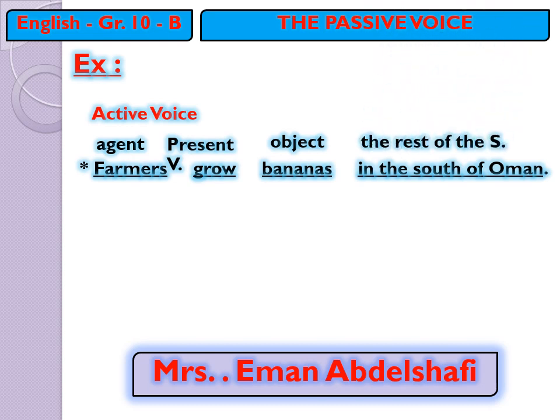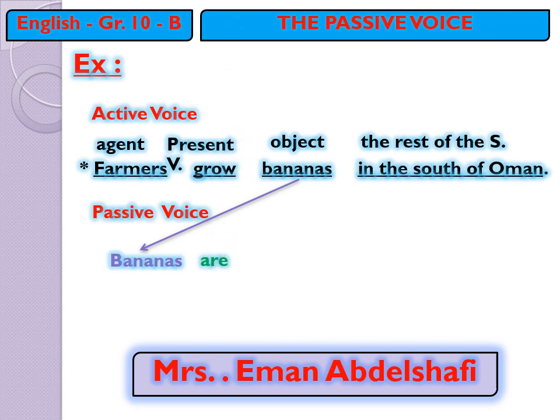Let's see what we are going to do. Passive voice. We are going to start with the object. So, bananas, then we are going to use the suitable form of verb to be.